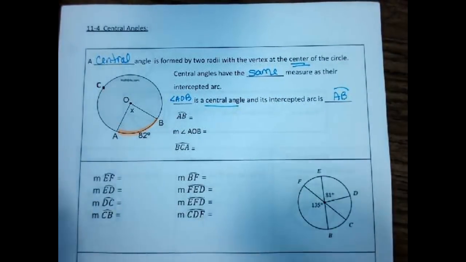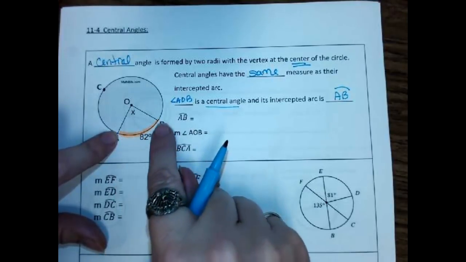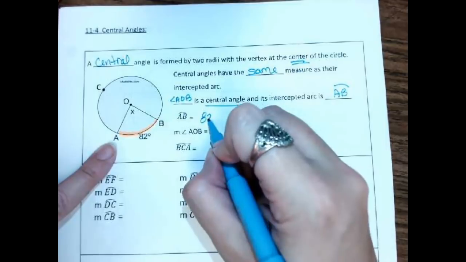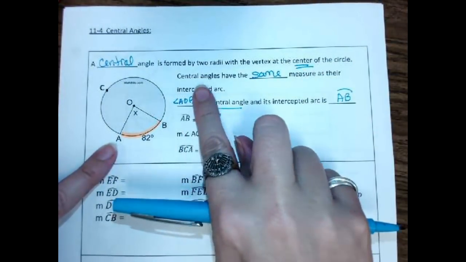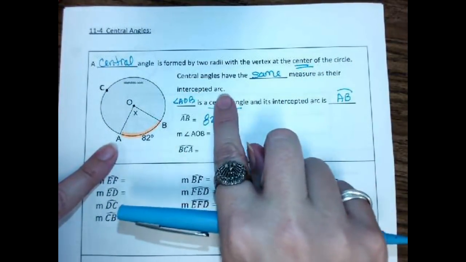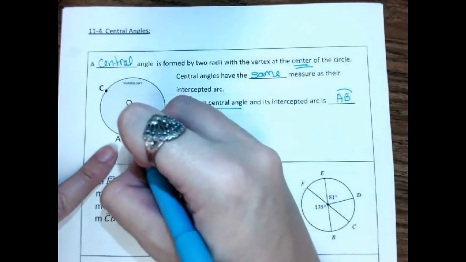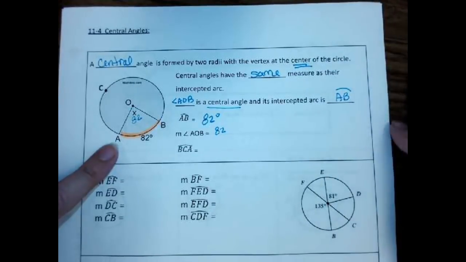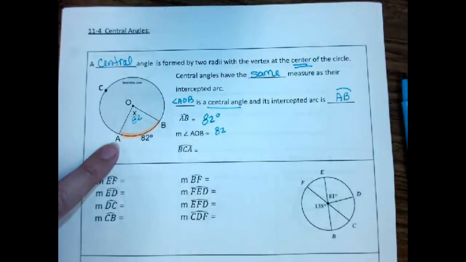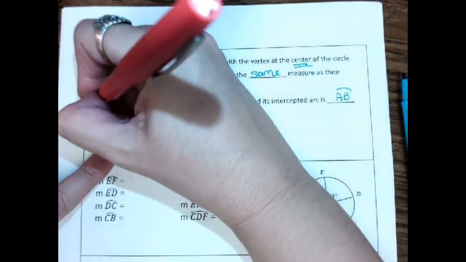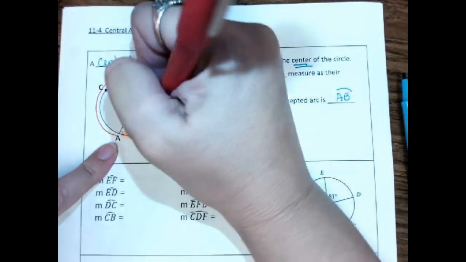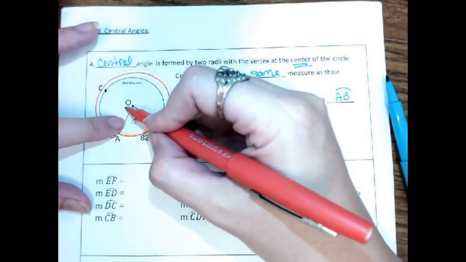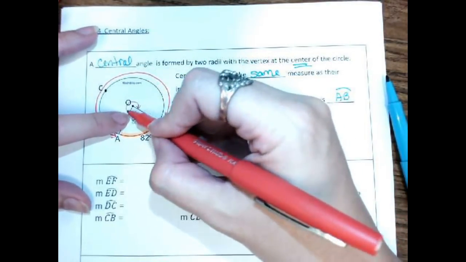So on here, this shows me on the picture that AB is 82 degrees. And we just said that the central angle has the same measure as the arc. So if this is 82, this is 82. And what about this major arc that's on the other side? Well, if I go all the way around on an angle, that would be 360.